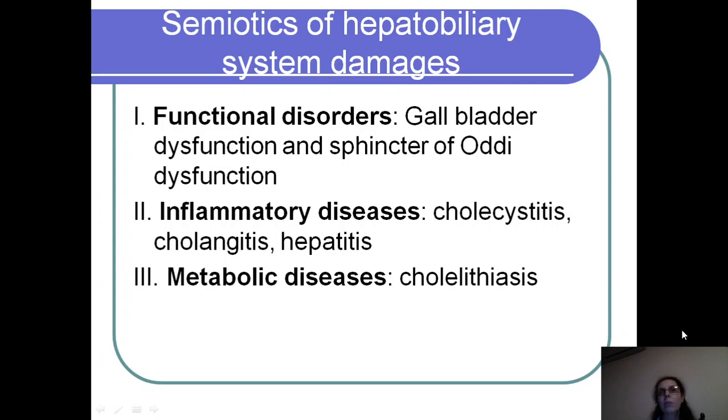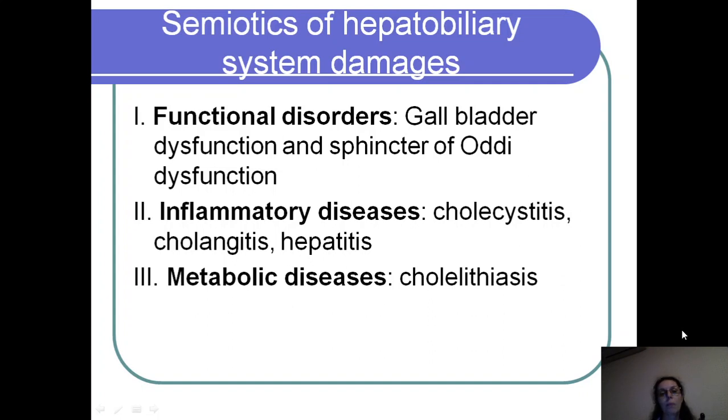And the same principle is active for the sphincter of Oddi. If it's too tightly compressed due to increased tonus, we are talking about spasm of the sphincter of Oddi, which is also called hypertonia of the sphincter of Oddi. And if it's flabby, hypotonic, and doesn't hold the pressure like it should, it is called hypotonic sphincter of Oddi dysfunction.